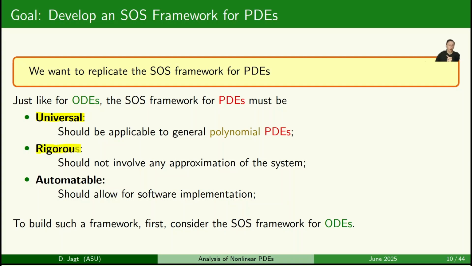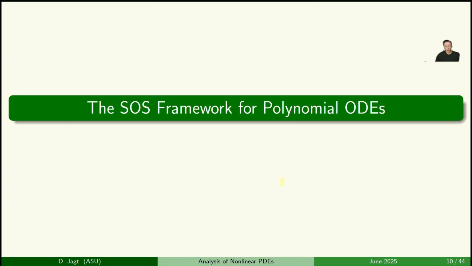It should be rigorous, it should not involve any discretization or approximation of the system, and it should be automatable. We should be able to develop software tools to do most of the work for us. Of course, in order to build such a framework for analysis of PDEs, we must first understand the SOS framework for ordinary differential equations. So that will be the focus of the next few slides.